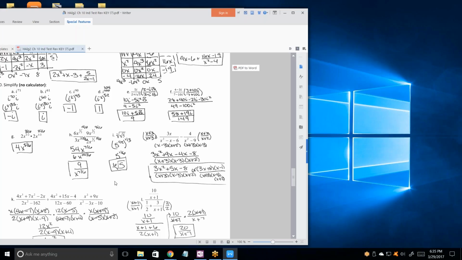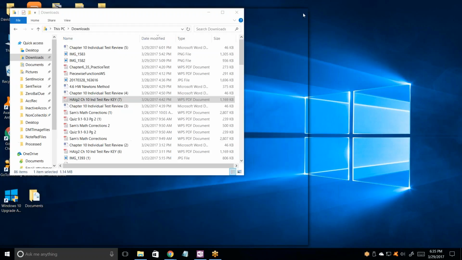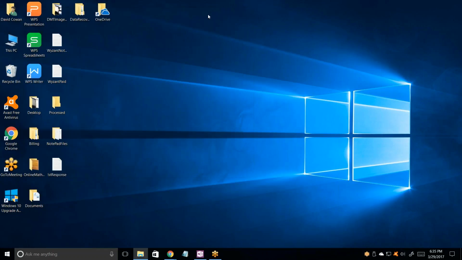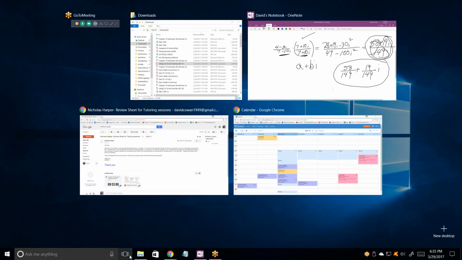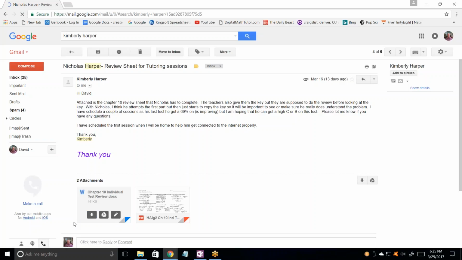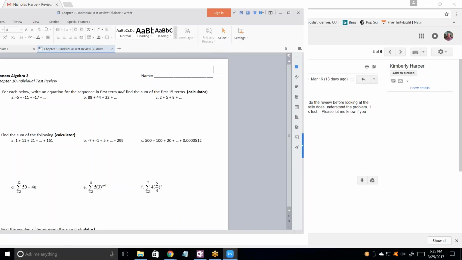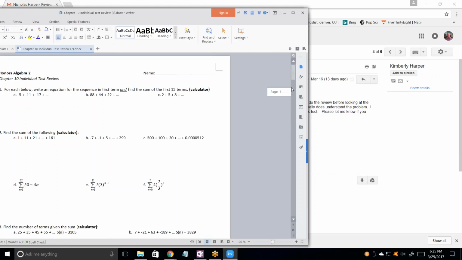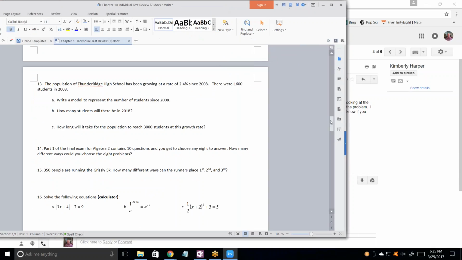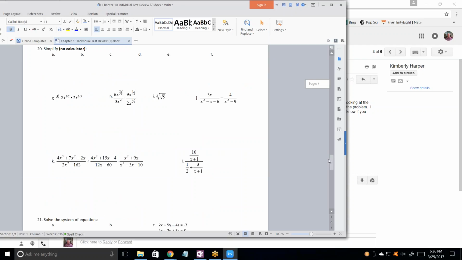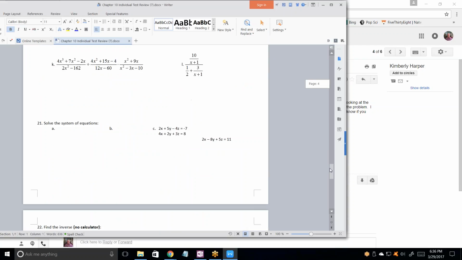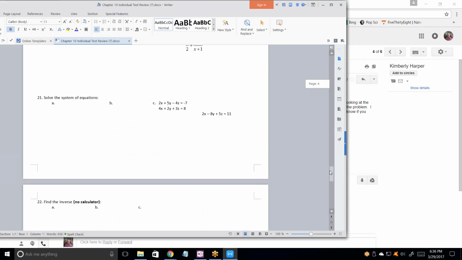Alright. I believe the rest of these are on my original sheets. Yeah, we finished all until 21. Nah, she still doesn't have a 21A or B in there.